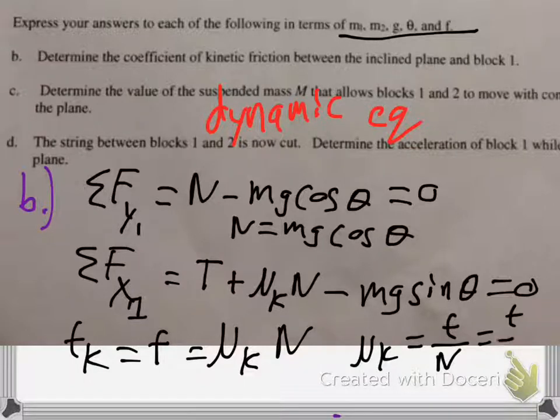So it's just F over mg cosine theta. Okay. We are definitely coming back to those Newton's second law equations.